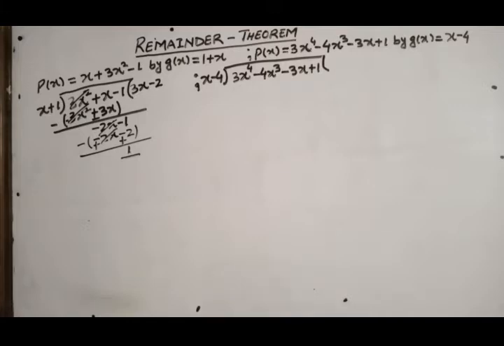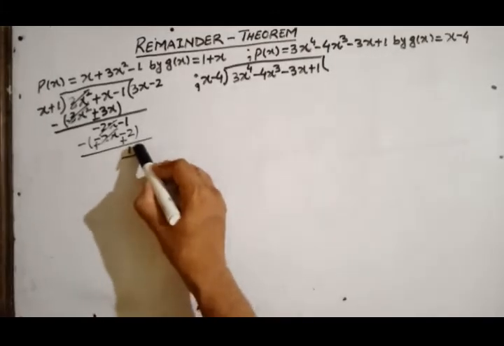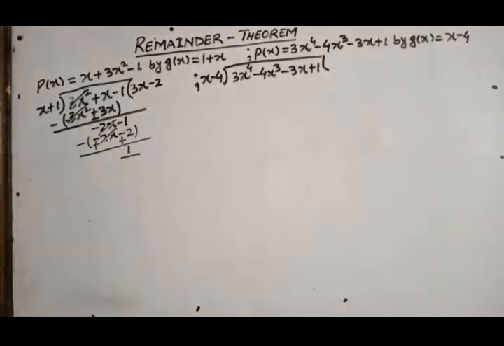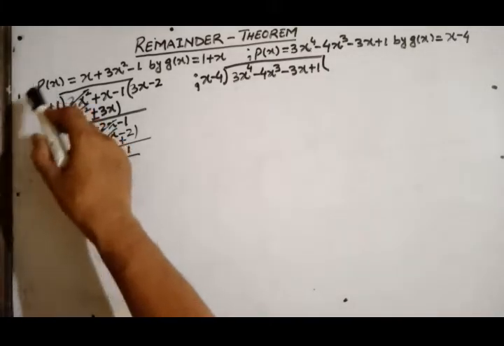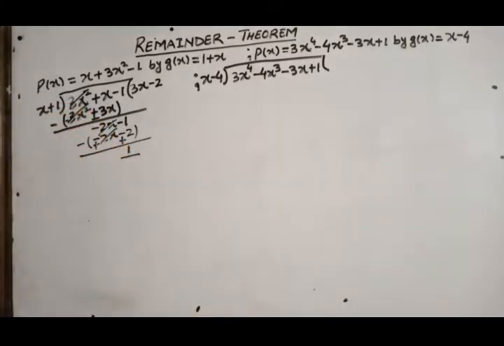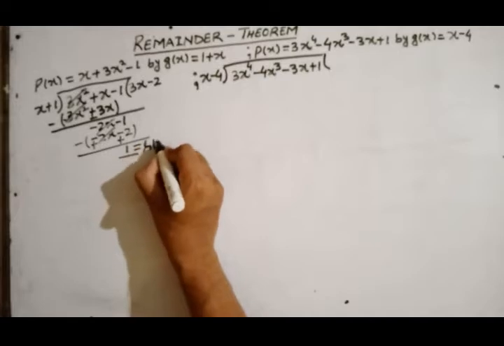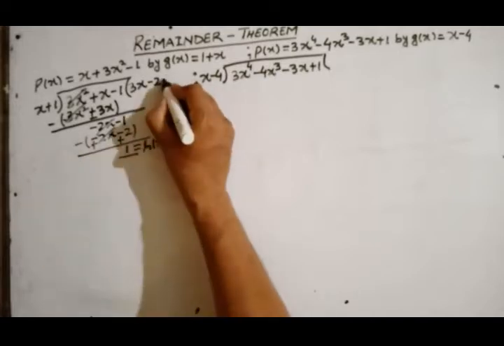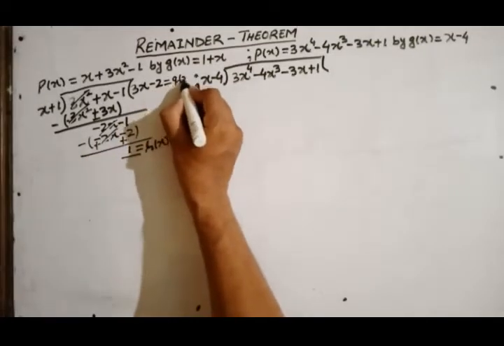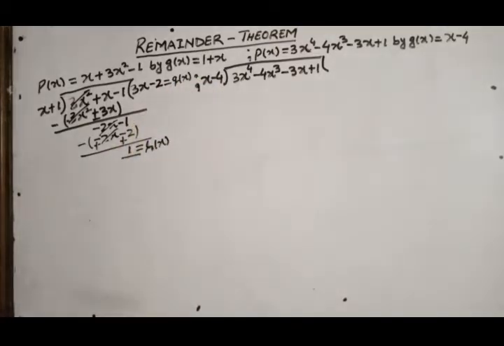At this stage, the degree of remainder is found less than the degree of divisor g(x). So we can't divide further, and finally declare that remainder r(x) is 1 and quotient q(x) is 3x minus 2.